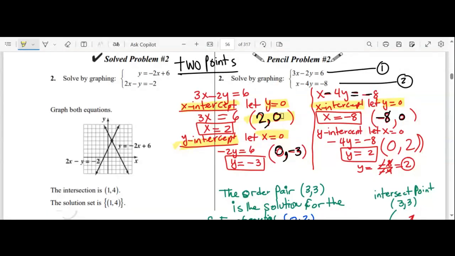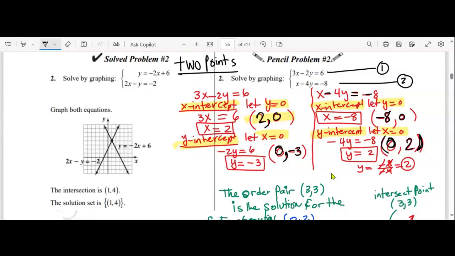Now we're going to apply the second concept, which is what? Y-intercept. Let x equal what? 0. So you put x equal 0, negative 4y equals negative 8. So y is going to be how much? 2. So your second point is going to be what? 0 and 2. Is this clear?